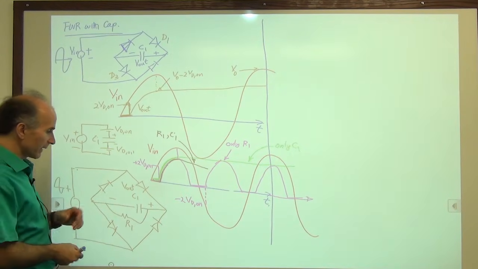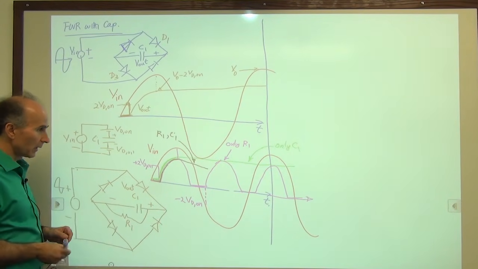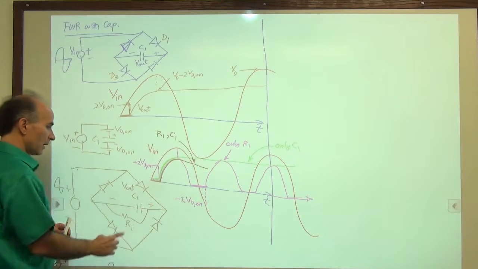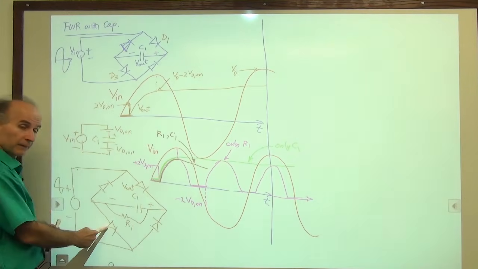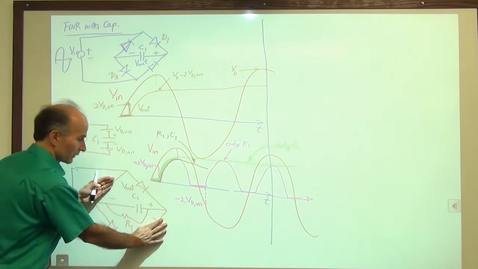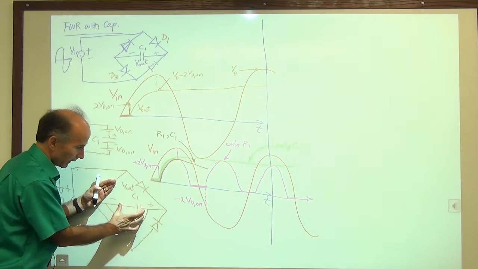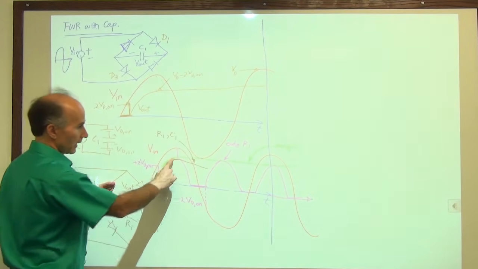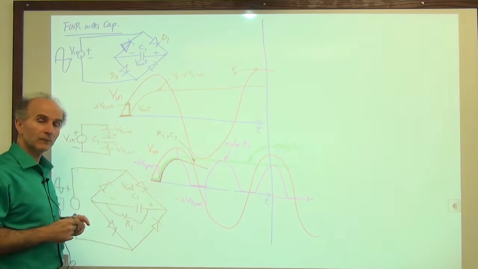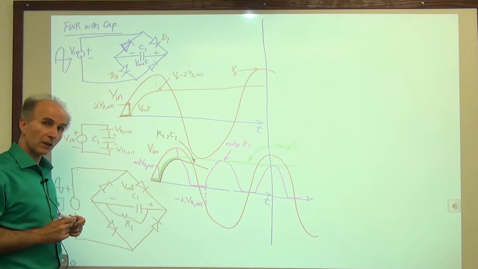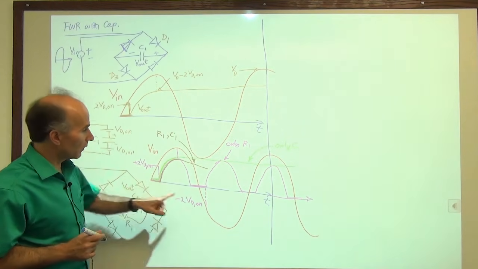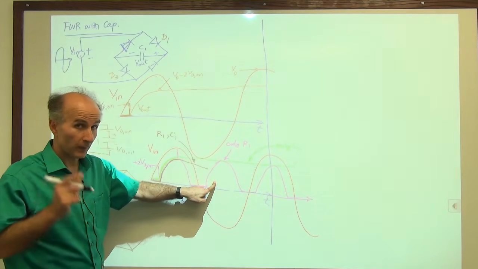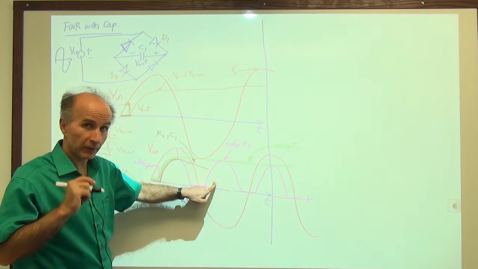Okay, so in the presence of a resistor and a capacitor, once we reach the peak voltage and we start coming down, for example, these 2 diodes turn off. And of course, these 2 diodes are off, so we just have a capacitor and a resistor. The capacitor discharges through the resistor, and we have a decay. So how far will this decay go? Well, it will go only to the next half cycle, as opposed to what we had in the half-wave rectifier.